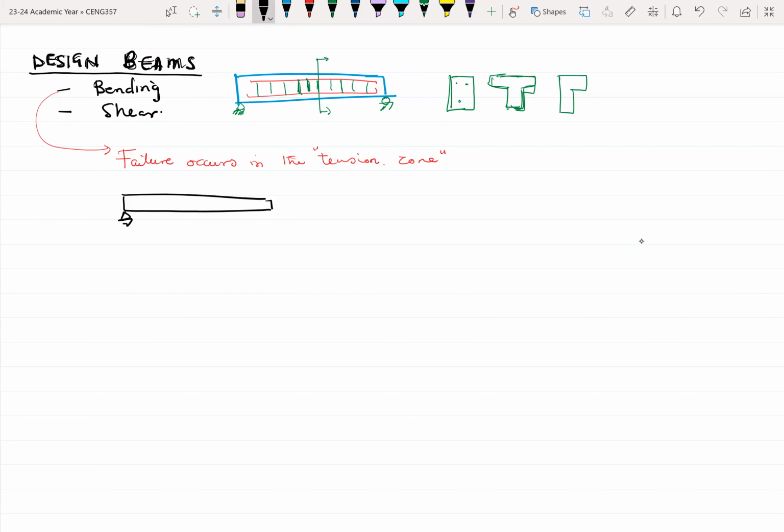For a simply supported beam, where you have load acting downwards, our tension zone will be in the bottom section, and the compression zone will be at the top section. The tension zone can vary, depending on the position of the load and also which part of the beam we are looking at.